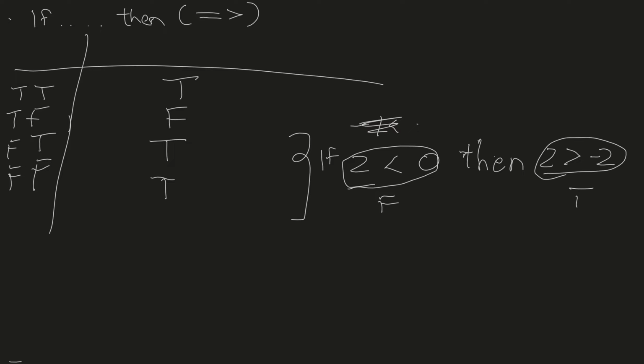As long as the first statement is false in an if-then statement, the overall statement as a whole will be true. In this course, we'll most likely only be looking at the first scenario, where the first statement is true and the second statement is true.